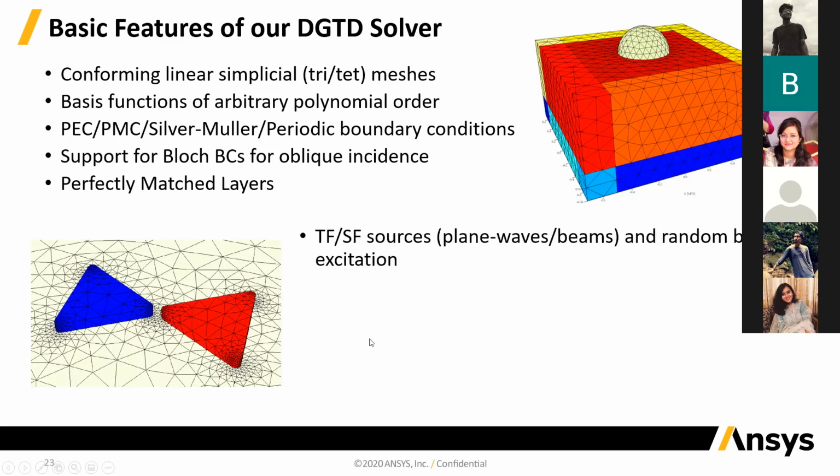In terms of sources, it also has the most common sources, so it has plane wave sources. Dispersive material support, or the multi-coefficient material support that we use in FDTD, is available in DGTD as well. So let's just skip to the next slide here.